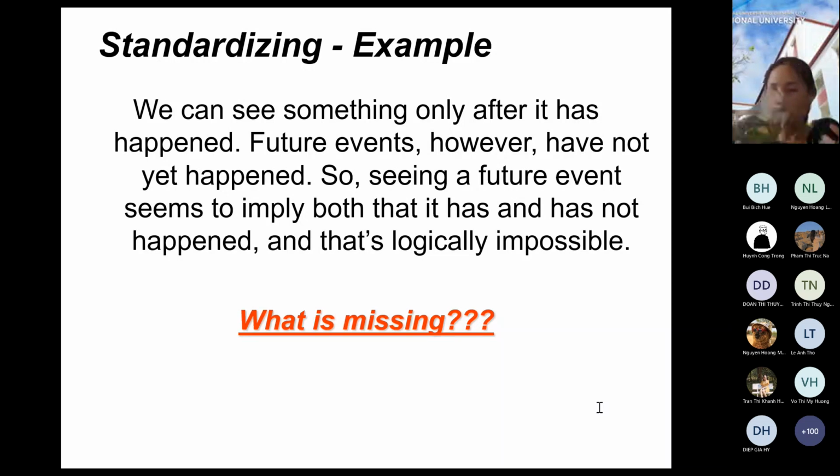What is the missing conclusion? So the idea is the same as Công Trọng. So it means that it is logically impossible to see a future event.